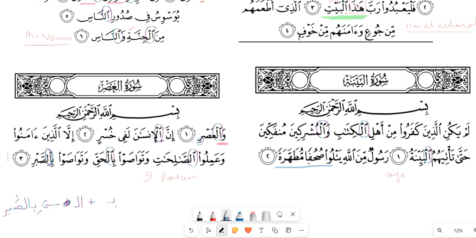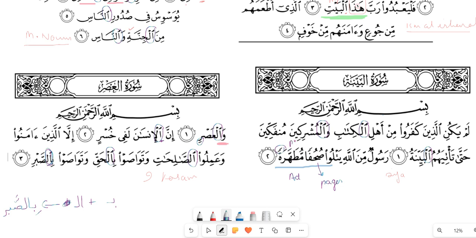And here you can see the tamarbuta with fathatain. And this is a good example for adjective. Here, suhufan mutahhara. What kind of suhuf? Suhuf means the pages, pages that were given from Allah subhanahu wa ta'ala to the messengers. Suhufan mutahhara. Mutahhara means pure.